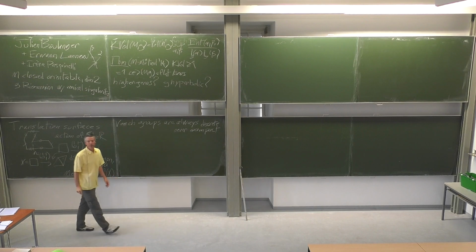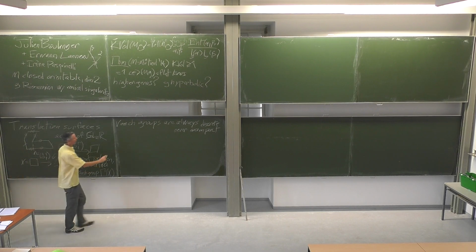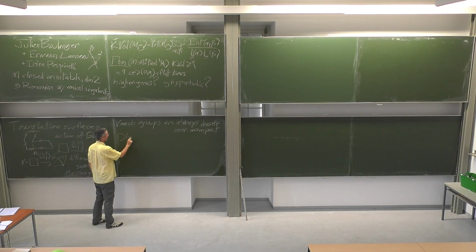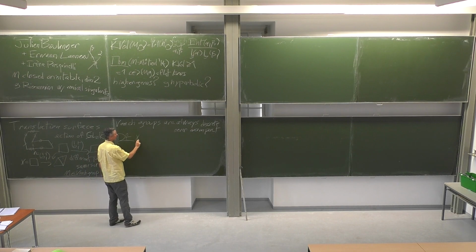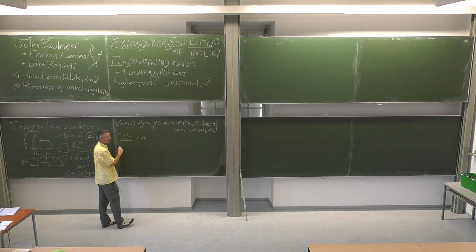So the best you can hope, in a sense, is that your Veech group has finite covolume. And in that case, we say that the surface is a Veech surface.